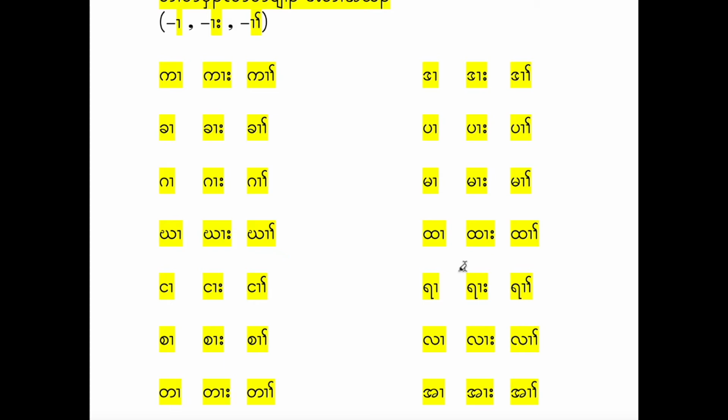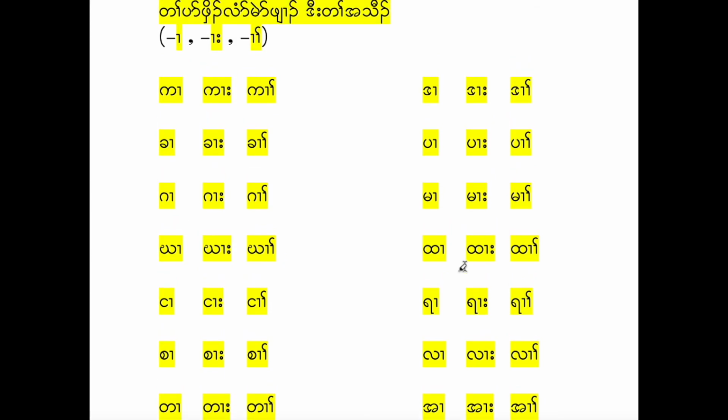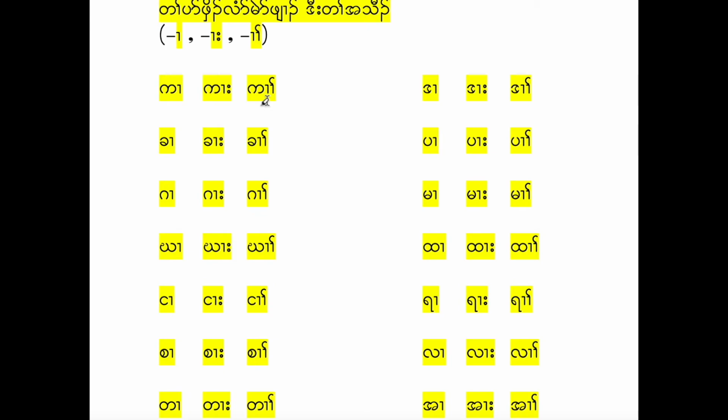Okay, so let's just read one time over again. G, g, g. K, k, k.